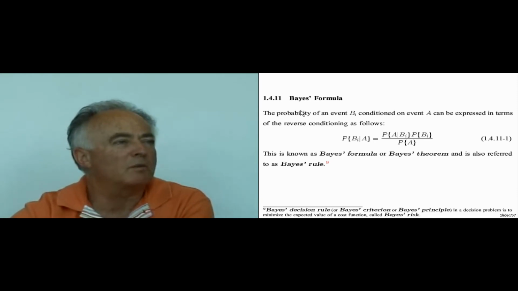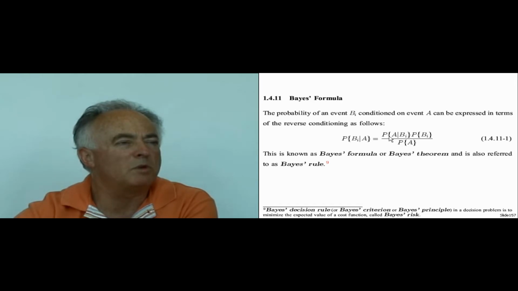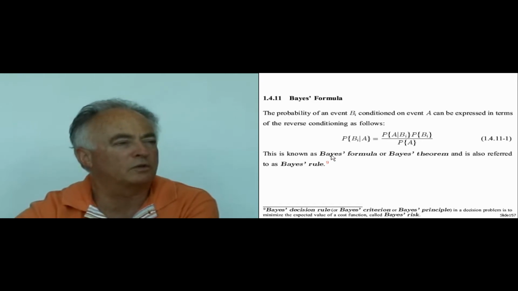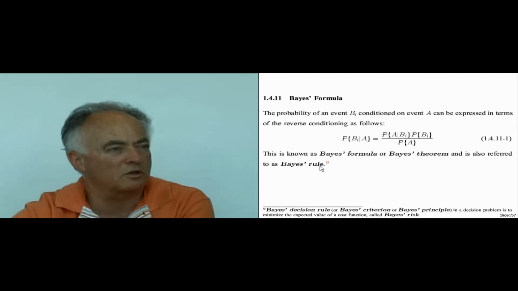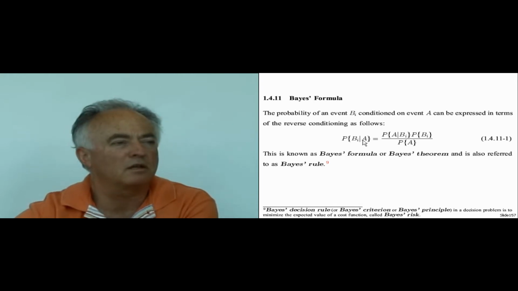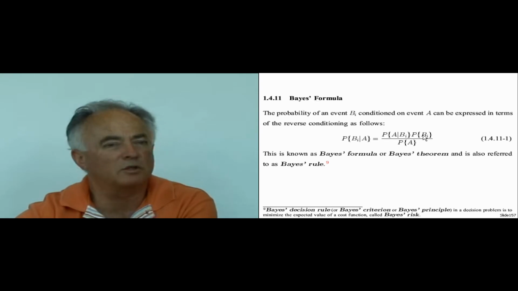Namely, if I'm interested in the probability of some event Bi conditioned on A, I can write it as equal to the product of the probability of A given Bi times the unconditional probability of Bi, divided by the probability of the event A. And you can very easily see that this formula, which is known as Bayes formula or Bayes theorem or Bayes rule, some of these terms are not quite rigorous, but it doesn't matter much, follows from the fact that P of A times P of Bi given A is the joint probability of Bi and A, and here we have the joint probability of A and Bi, but this is a logical AND.